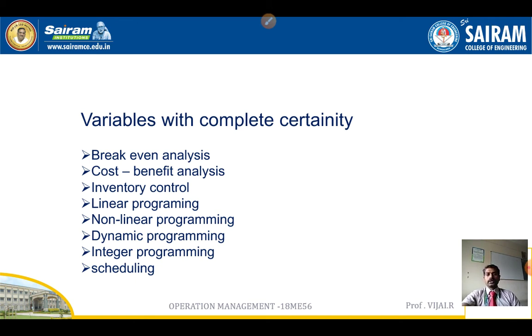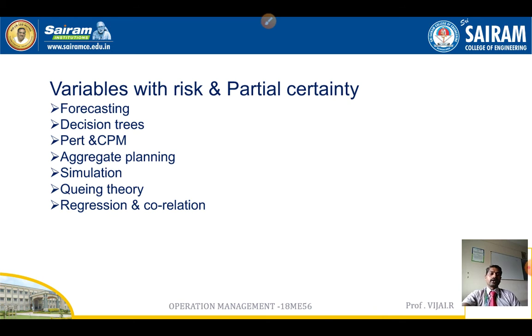So that is variables with complete certainty. If you have previous data, we can do all these things exactly, right? Some cases have partial certainty, where we use forecasting methods. Tomorrow, what will happen? We can predict, but we cannot say exactly that it will happen.